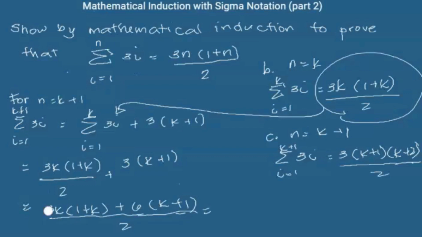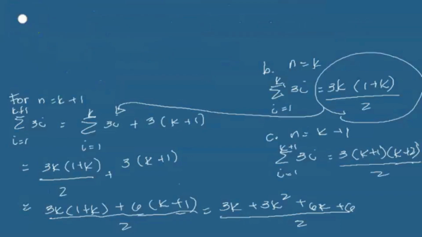So this will be 3k plus 3k squared plus 6k plus 6 over 2. Okay, let's write it here. So let's combine like terms. So that would be 3k squared plus 9k plus 6 over 2.